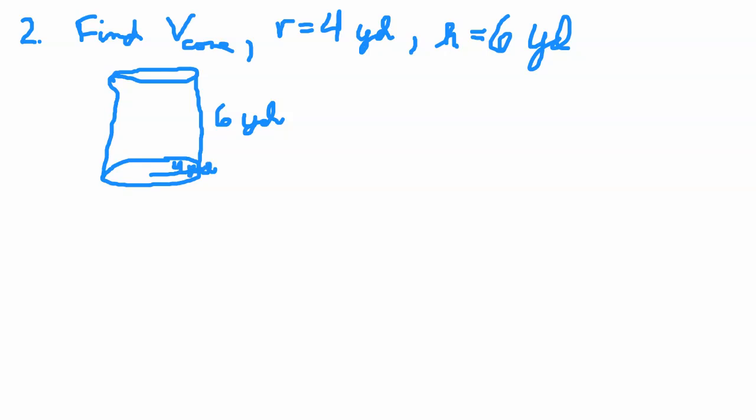to find the volume of that cylinder, we would take the area of the base times the height, and that's how you find the volumes of cylinders and prisms.